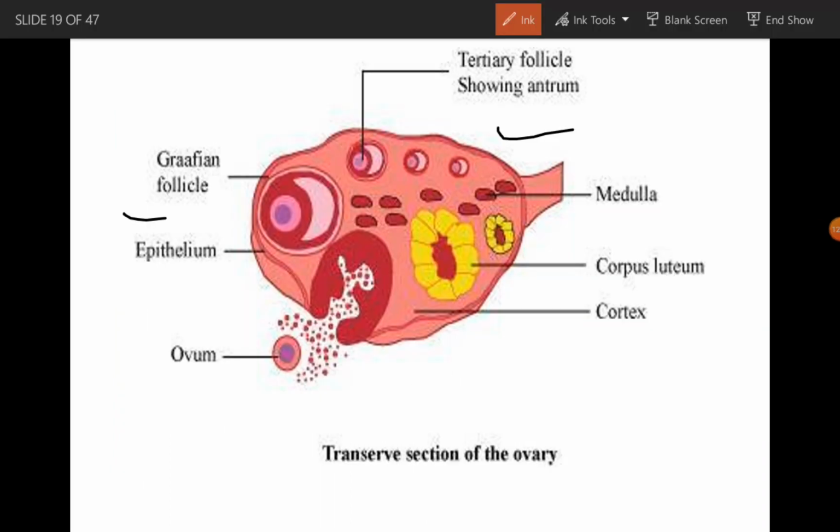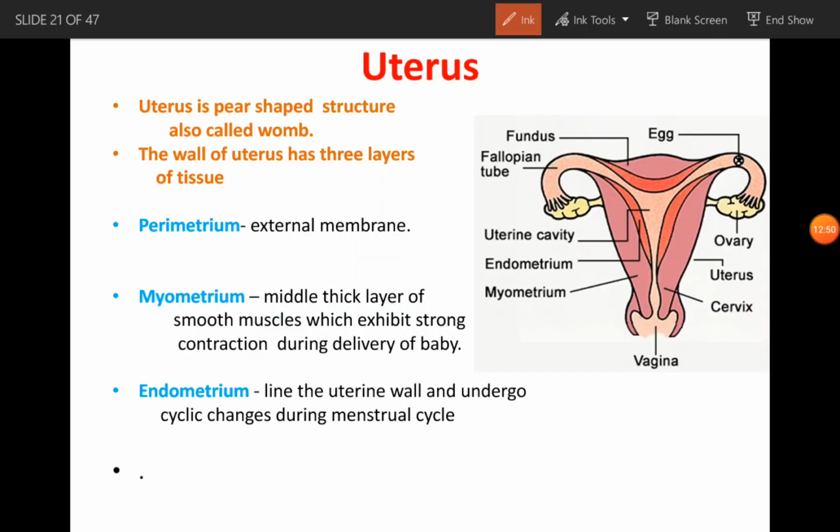The ciliated epithelial tissues are responsible for transfer of the ovum through the fallopian tube towards the uterus.